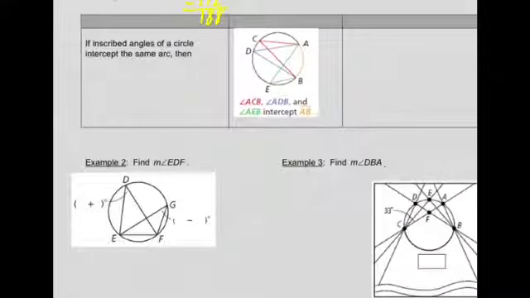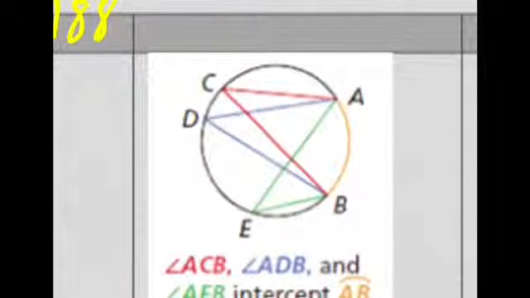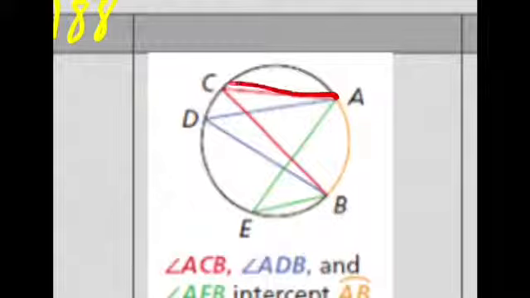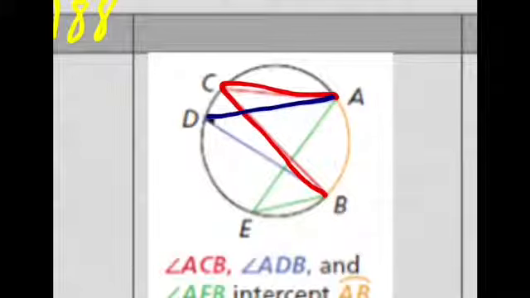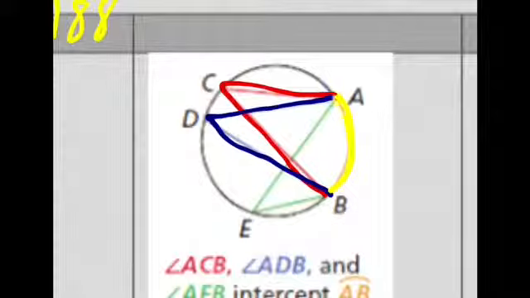Next thing says, if inscribed angles of a circle intercept the same arc, then, alright, well let's take a look at these inscribed angles. We've got one inscribed angle that's ACB, and another inscribed angle that is ADB, but they are intercepting the same arc. This guy right here. Well, if these two angles are intercepting the same arc, what do we think we know about their measurements? Same. They're the same. Exactly.